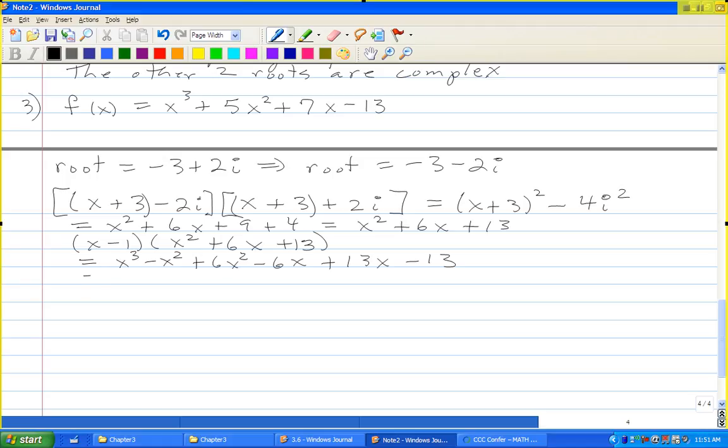So if you do that, you get x cubed plus 5x squared plus 7x minus 13. Okay, good. And so this is f of x.